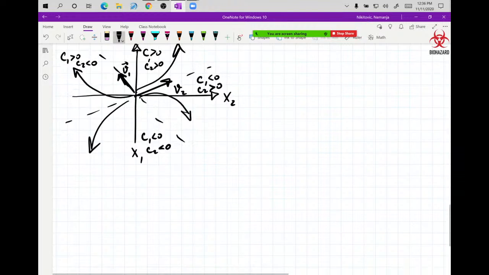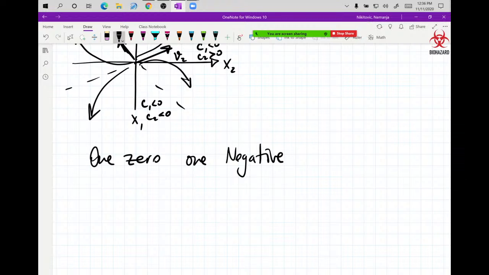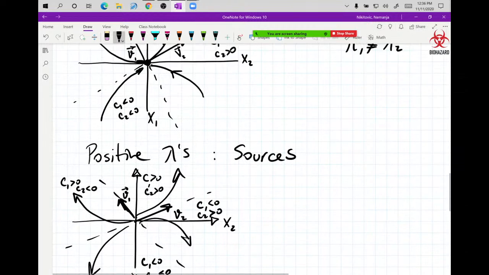Okay, last two cases for this would be one 0, one negative eigenvalue. One 0, one negative lambda. Now, that means, did I write over here?